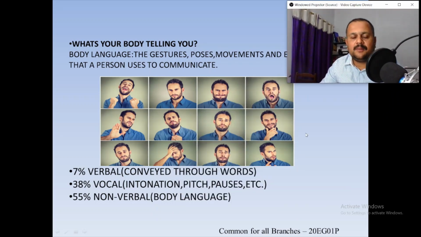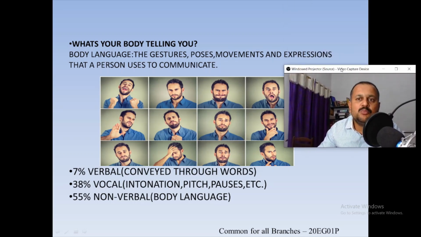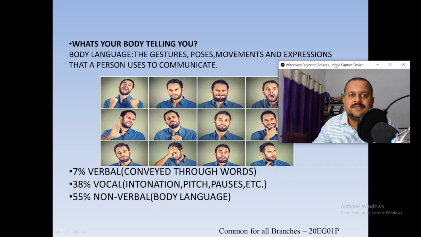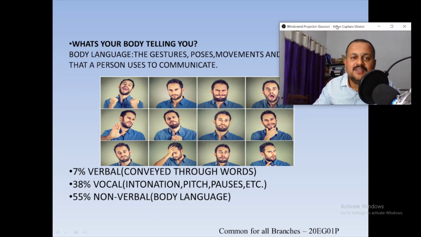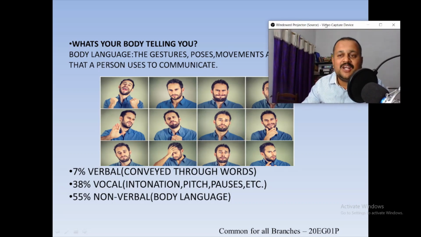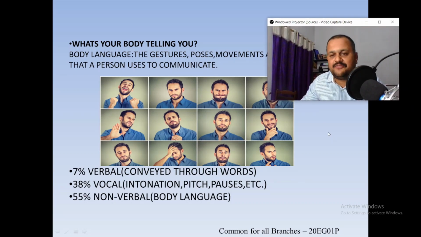Body language can speak through gestures, poses, movements, expressions that a person uses to communicate. Here in this picture, you can find 12 different kinds of facial expressions given by the person.